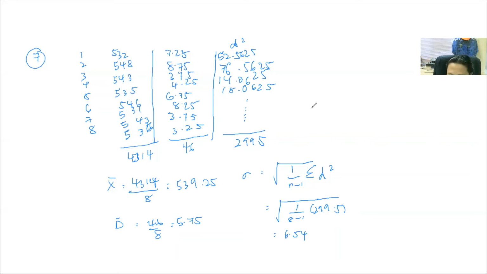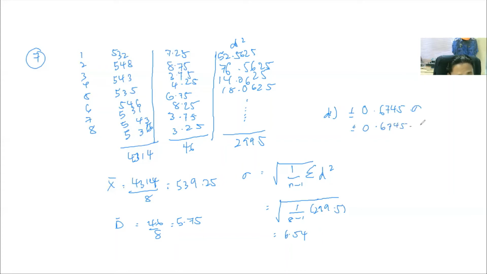Then part D is the probable error. You can refer to the notes for this formula: 0.6745 multiplied by the standard deviation, plus minus.